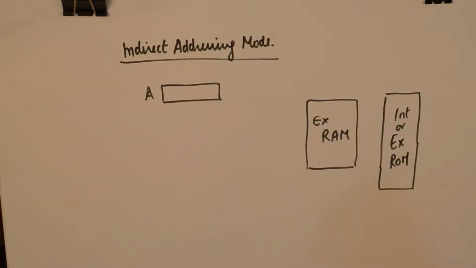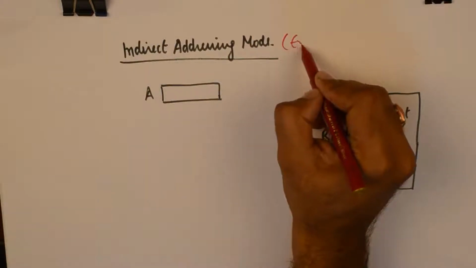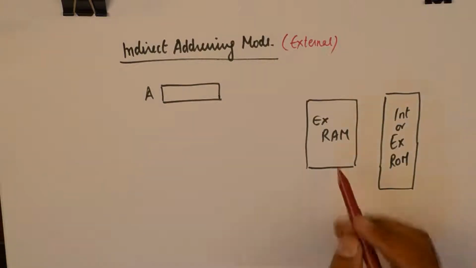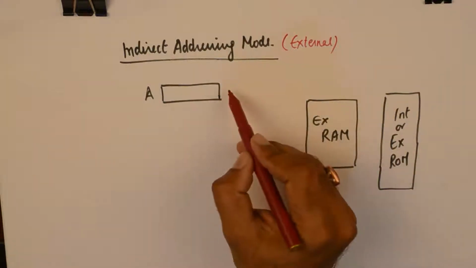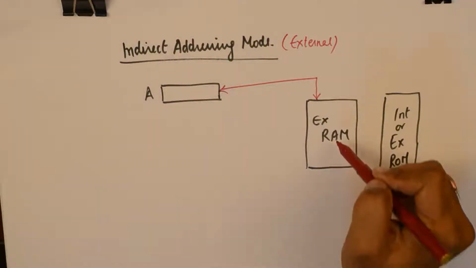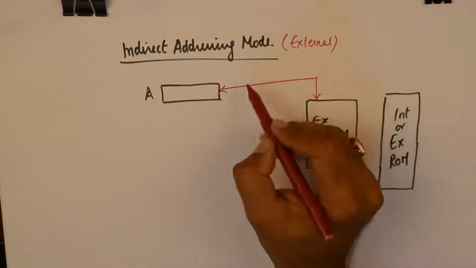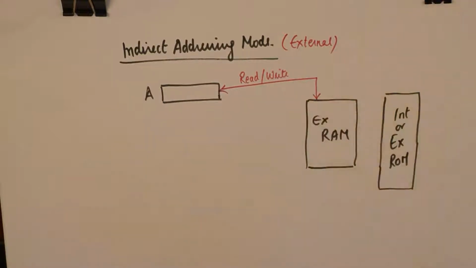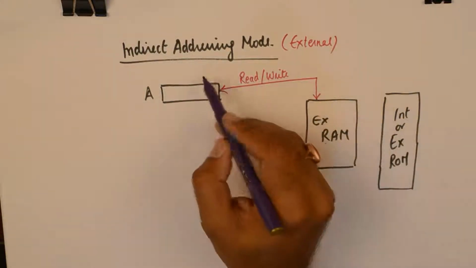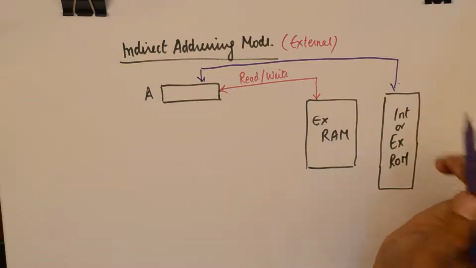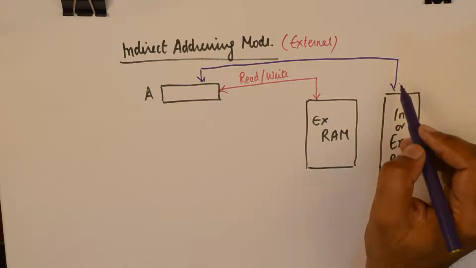Alright, when we talk about indirect addressing mode for external moves, these are the two cases that we face. Either we will need to send or receive data from an external RAM, which would include both read and write options, and the second case could be reading data from an external ROM or internal ROM.